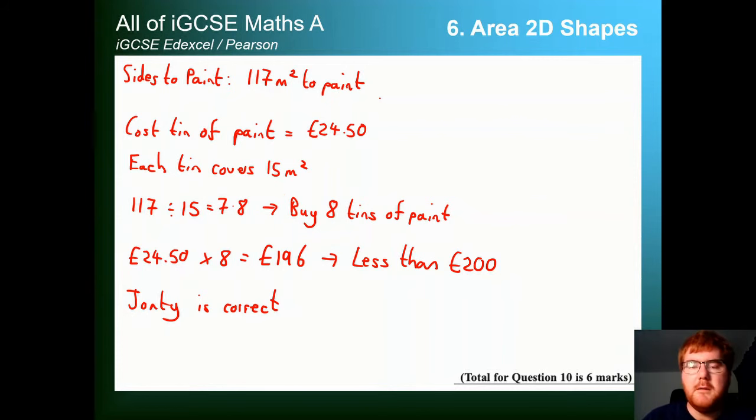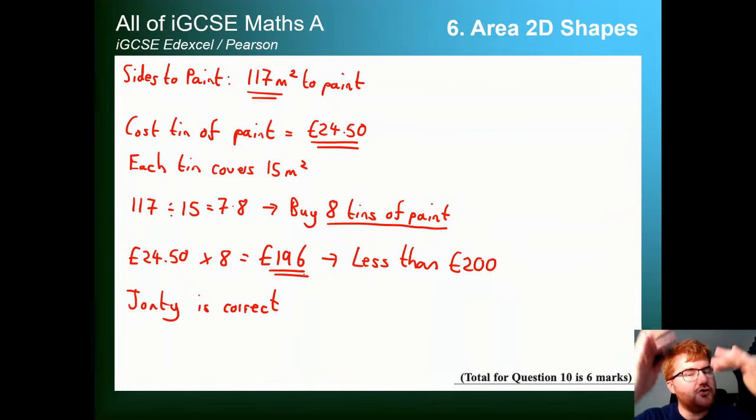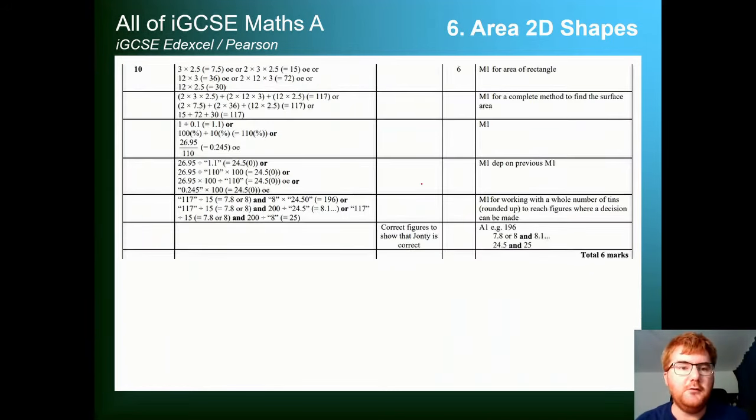So from a marking point of view, they're looking for the cost of tin of paint. They're looking for the total amount to be painted, working out how many tins of paint need to be bought, and then the cost of that. So notice how I've structured that on this slide. So it's very clear for the examiner to tick this off, tick this off, tick this off, and give me then all 6 marks.